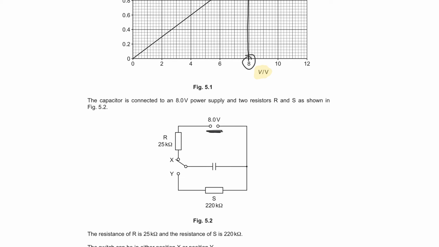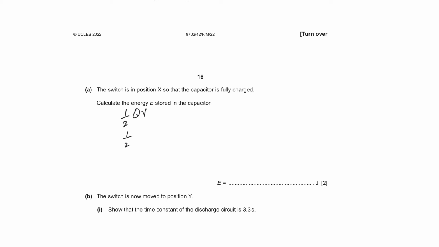So this is what we'll use. Half into 1.2 into 10 raised to the power minus 4 times 8. And the energy that we get is 4.8 into 10 raised to the power minus 4 joules.